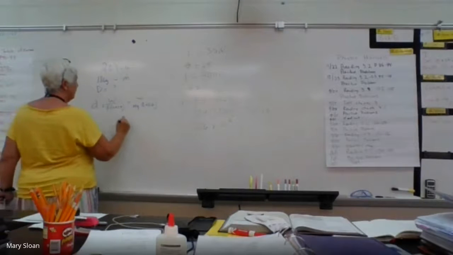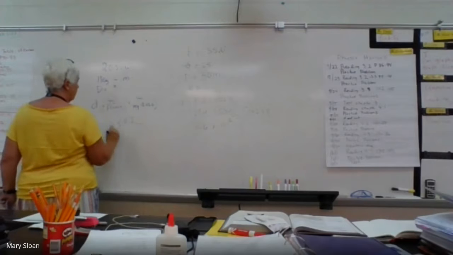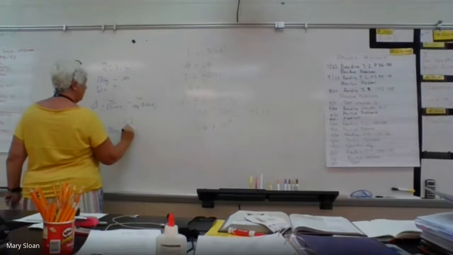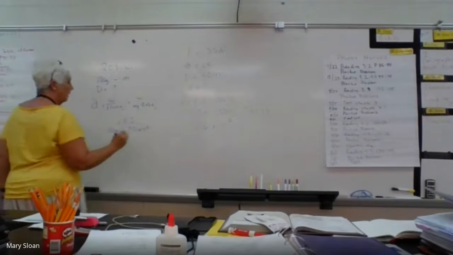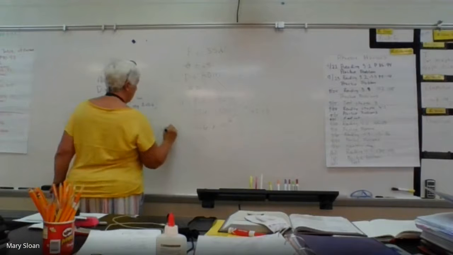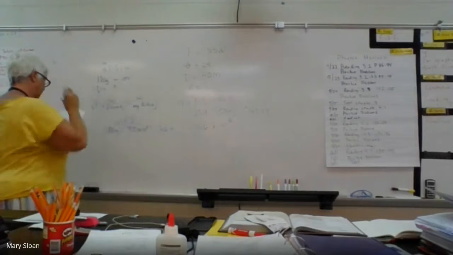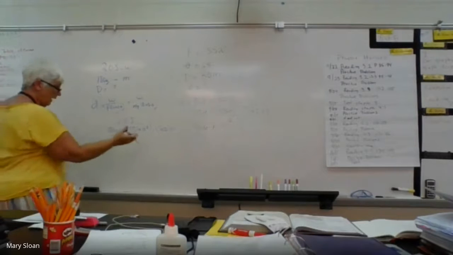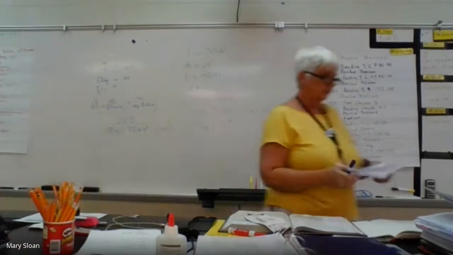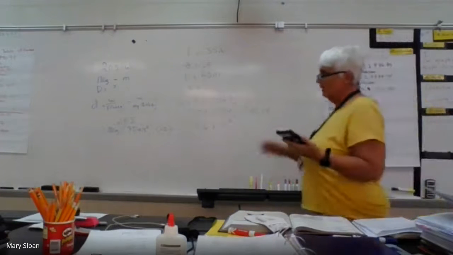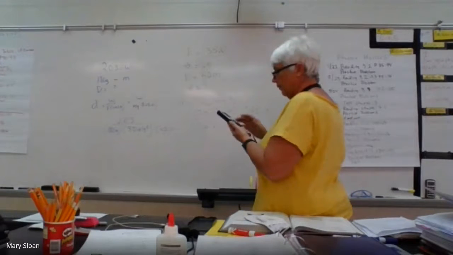So we got 2.0 joules, right? Our mass is 180 grams. Gravity is 9.81 meters per second squared. And our cosine, what is our angle? It doesn't give us one, so it has to be 0, because it's not to the left, north, east, west, it's straight up and down.